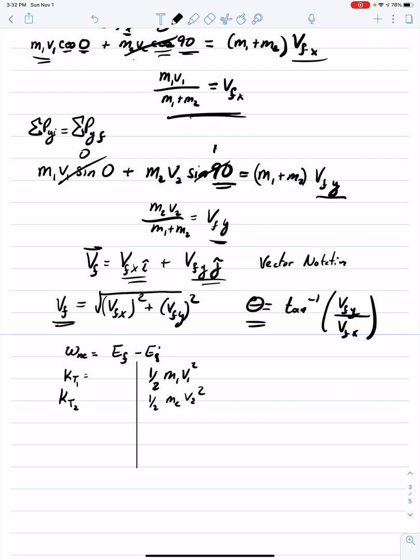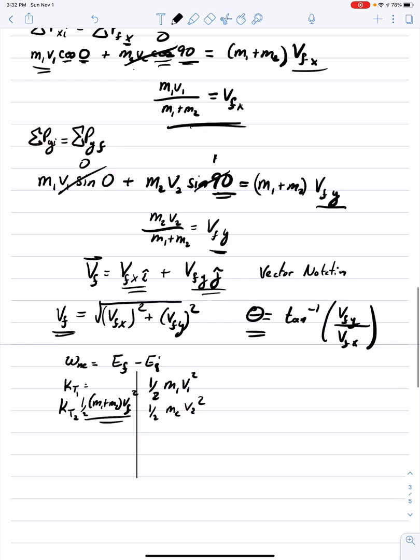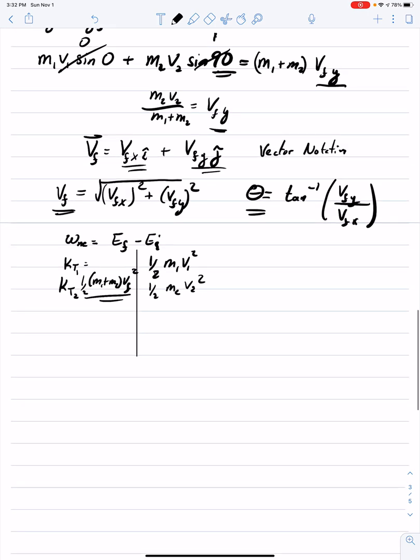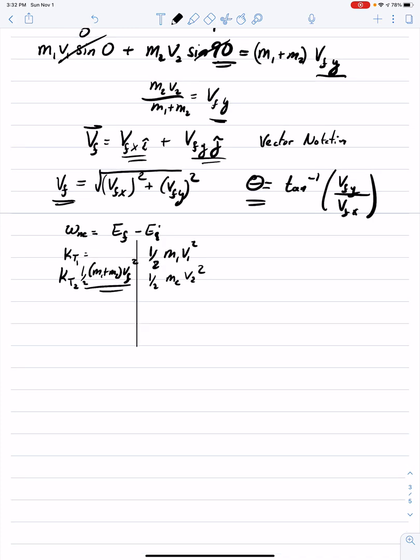So we have identified the mechanical energy at the very beginning, but we have to identify the mechanical energy at the final, because now there is just one system, because we are considering mass 1 plus mass 2 being together, and it forms one system. We now only identify 1/2 mass 1 plus mass 2, velocity final squared. Notice that this is just one system now, because they are together. Okay? You sum these up.